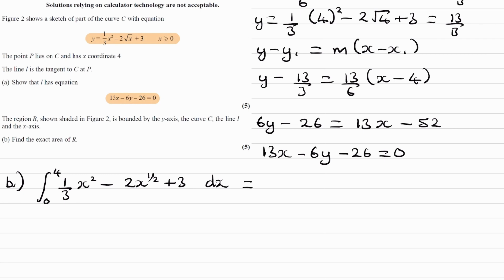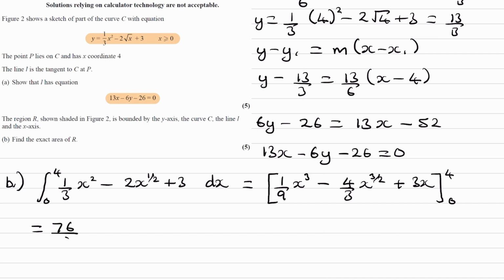So raise the power by 1, divide by the new power. 2 divided by 3 over 2 would be 4 over 3, and the 3 integrates to make 3x. We're putting in 4 and 0. When we put in 0, we'll just get 0. So the answer will just be what we get when we put in 4, and that would be 76 over 9.